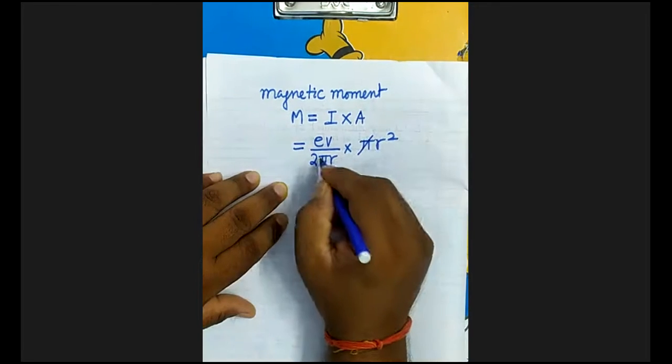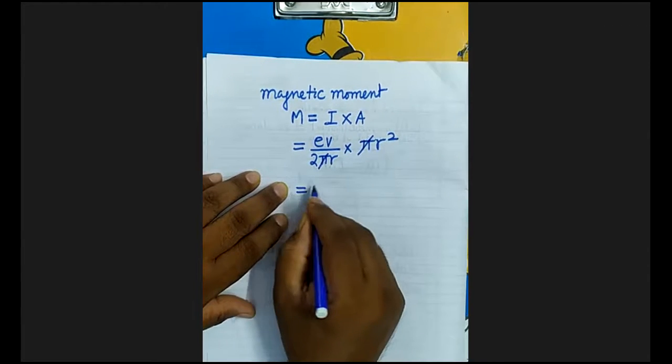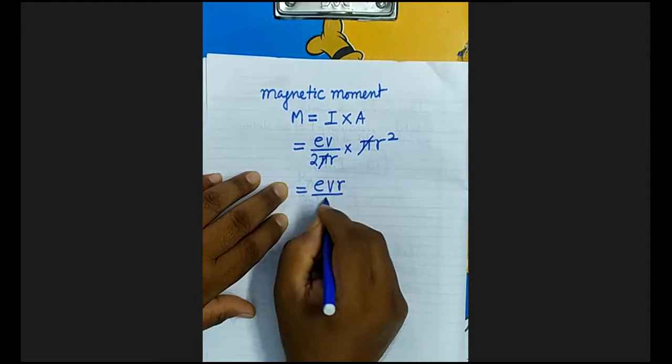The pi and pi cancel, one power of r cancels, so it will be M equals e v r upon 2.